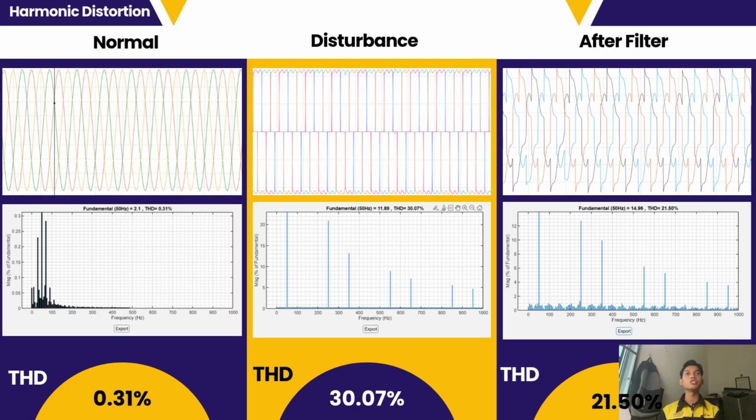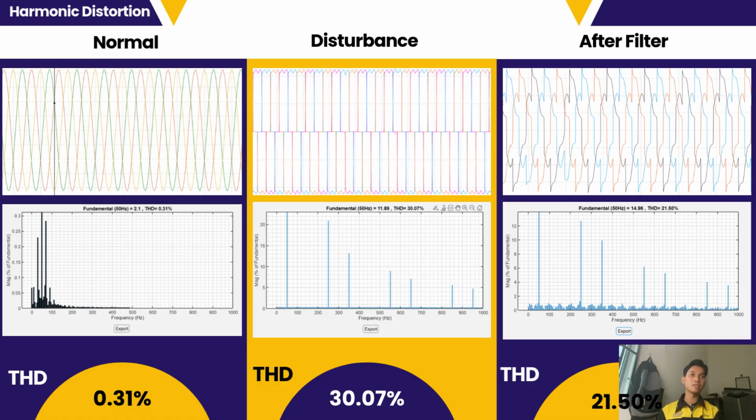As a result, the THD increased dramatically to 30.07%, which indicates severe harmonic distortion. According to IEEE standard 519, this value exceeds the recommended limit and therefore the system is categorized as experiencing a harmonic distortion problem.